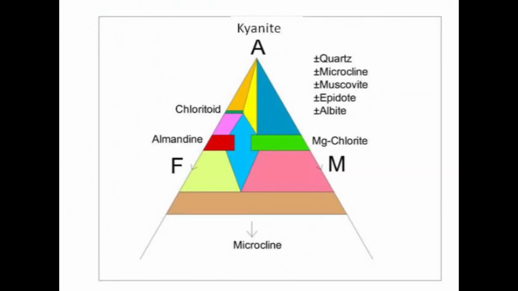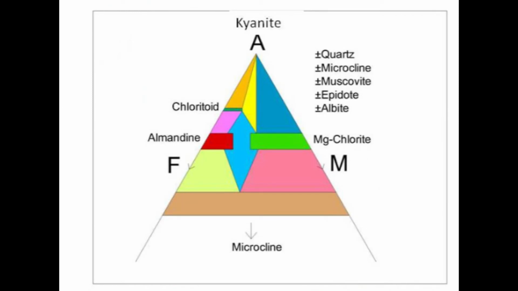Fourth assemblage is your kyanite, chlorite plus or minus epidote plus or minus muscovite plus or minus albite and plus or minus quartz, is also known as kyanite chlorite schist. And fifth assemblage is your chloritoid, almandine plus chlorite plus or minus epidote plus or minus muscovite plus or minus albite and plus or minus quartz, is also known as chloritoid almandine chlorite schist.